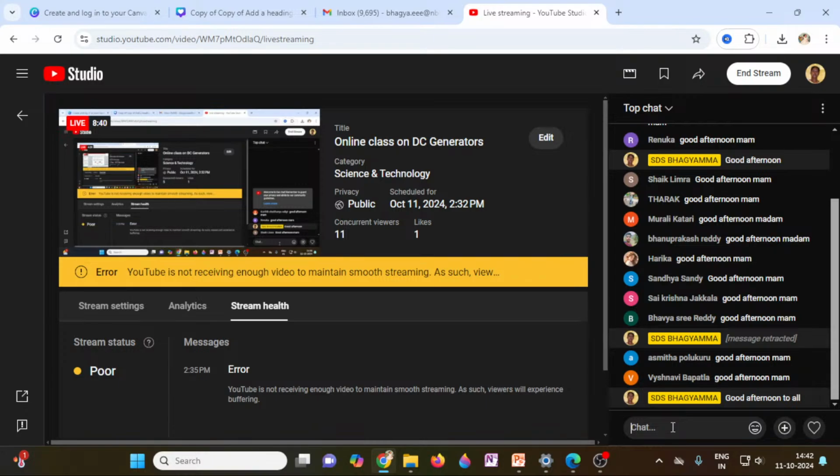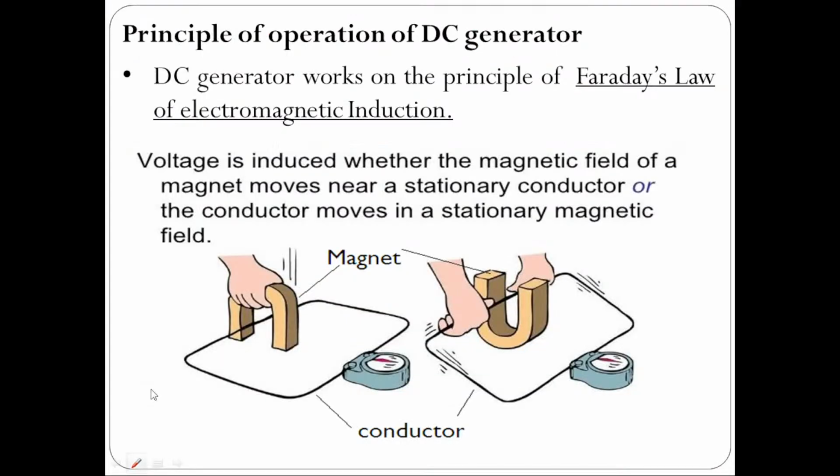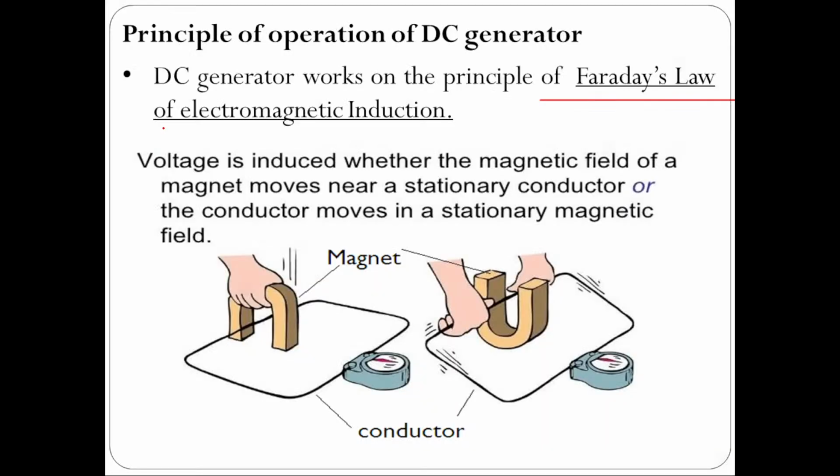I'm taking the pen. It operates on the principle of Faraday's law of electromagnetic induction. So, if magnetic field is varied with respect to the conductor, you can see the conductor here.